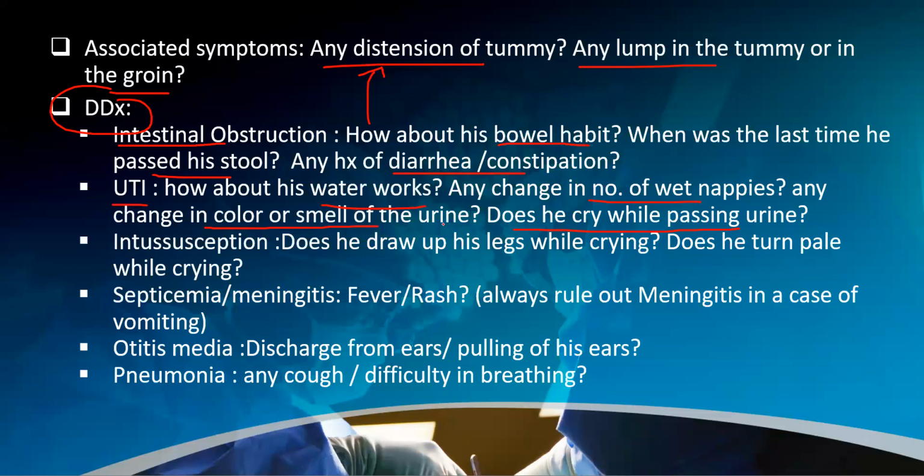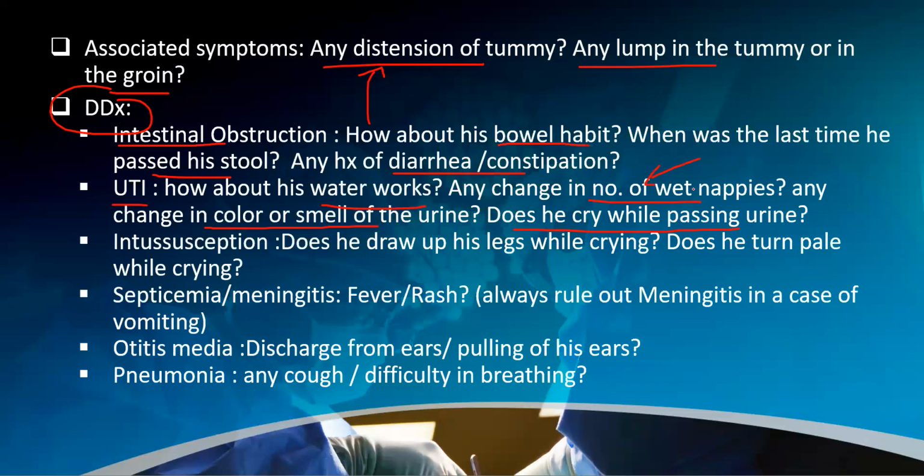Any change in color or smell of the urine? In UTI children, the smell will not be the usual kind of smell; it will be a foul, smelly urine. And obviously, a child can't say that I'm having pain while passing my urine. So they will cry when they are passing the urine. That indicates that most likely it's burning when they are peeing.